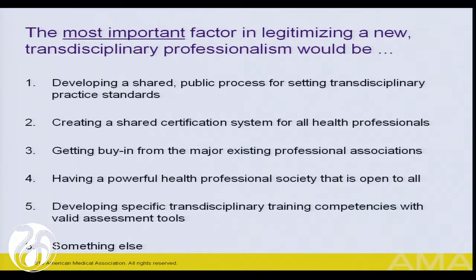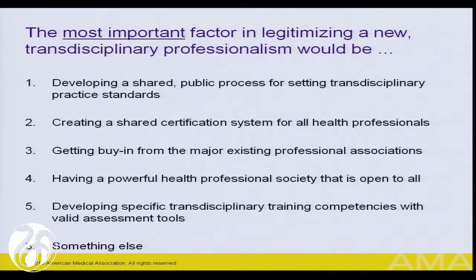So next question. This is the third question we're going to be discussing. The most important factor in legitimizing a new transdisciplinary sense of professionalism would be, number one, developing a shared public process for establishing transdisciplinary practice standards. Number two, creating a shared certification program. All health professionals would have a shared certification system.